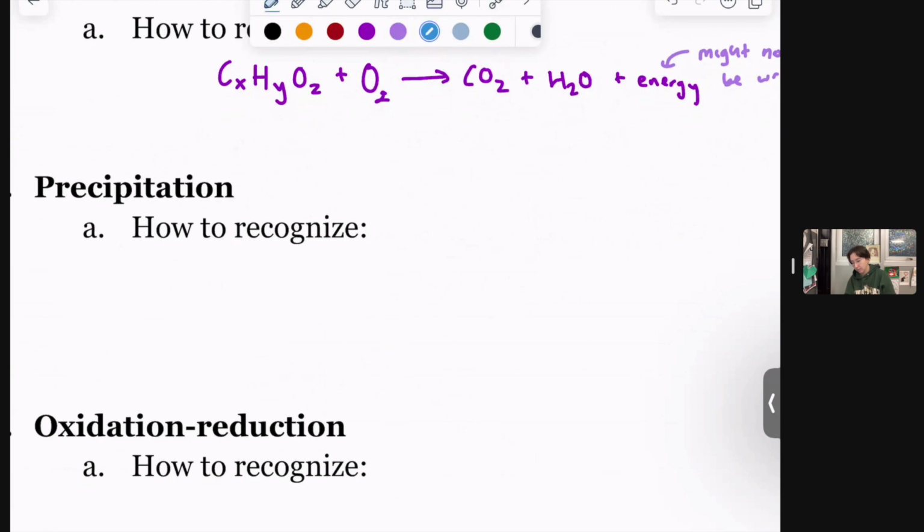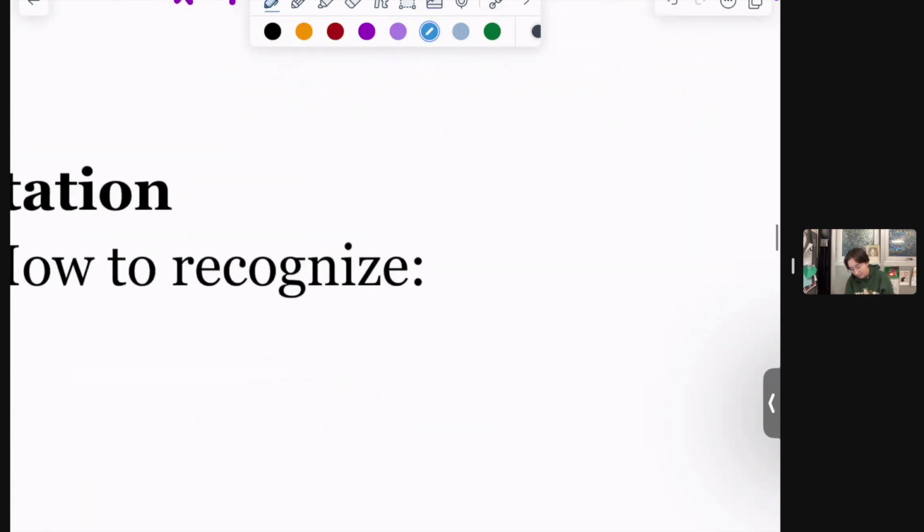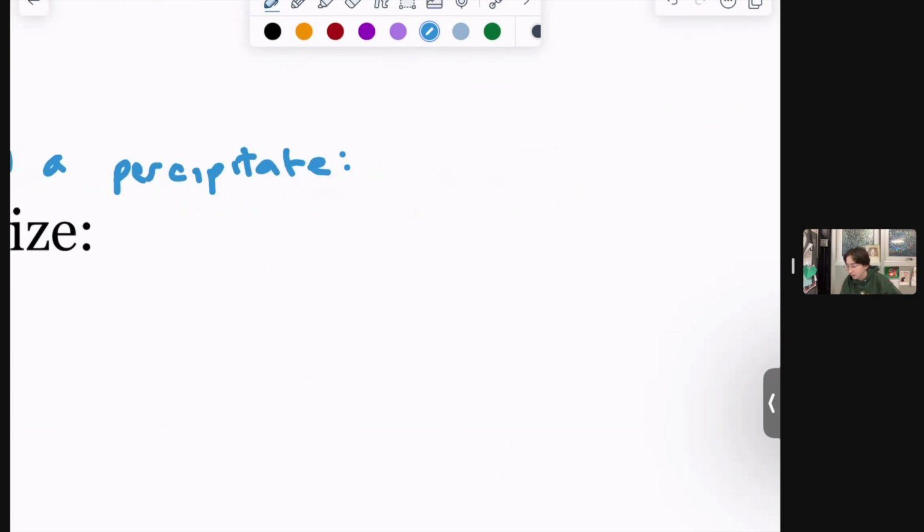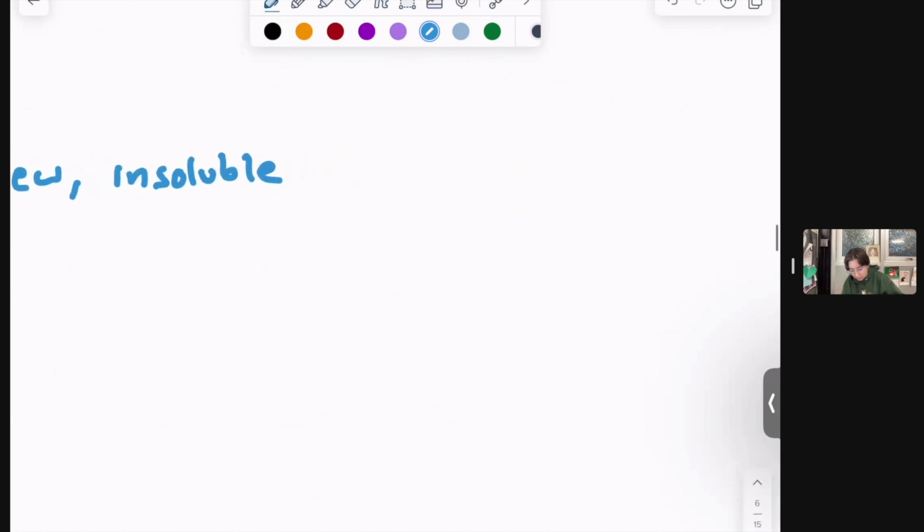Precipitation. So this implies that you formed a precipitate. And to clarify, a precipitate is a new insoluble ionic product.